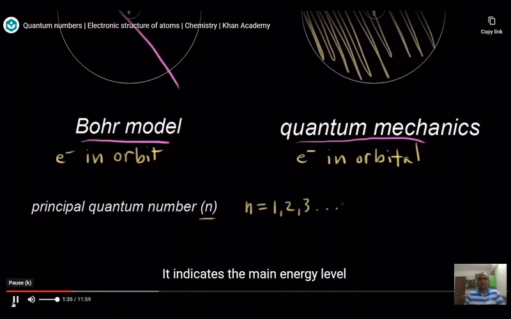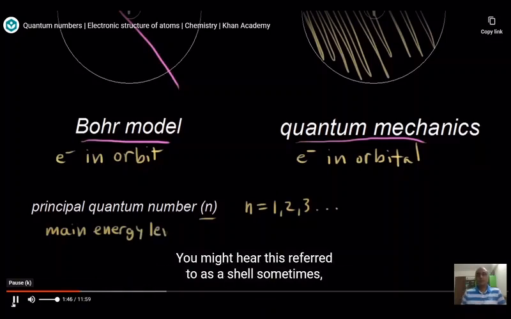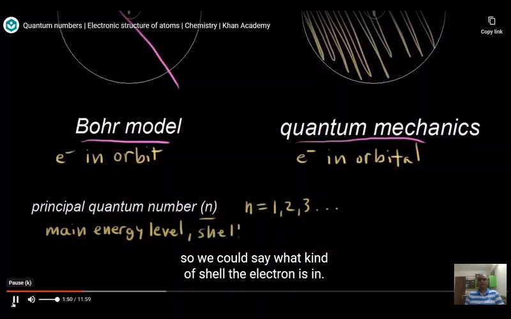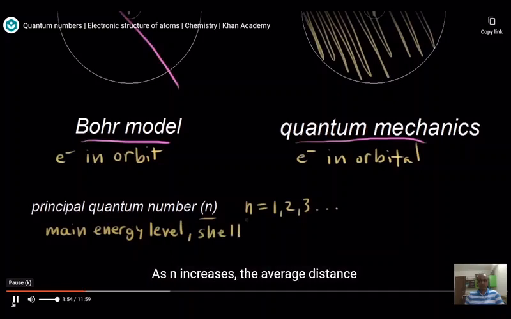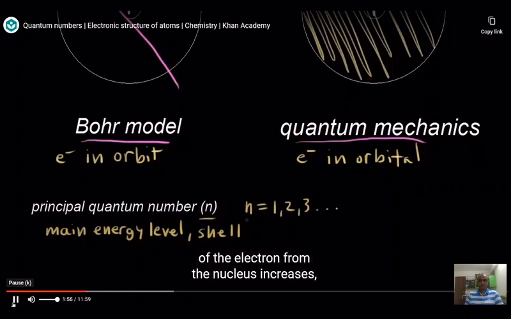It indicates the main energy level occupied by the electron. You might hear this referred to as a shell, so we could say what kind of shell the electron is in. As n increases, the average distance of the electron from the nucleus increases, and therefore so does the energy.